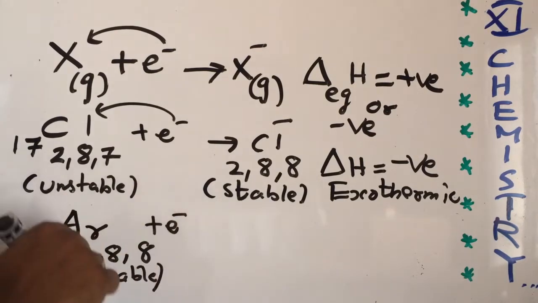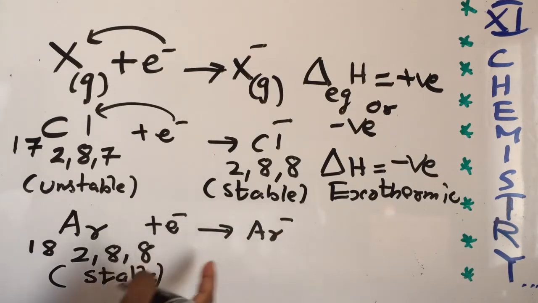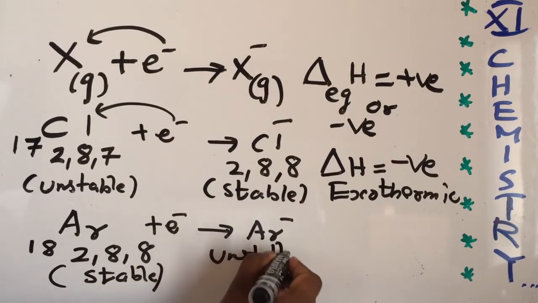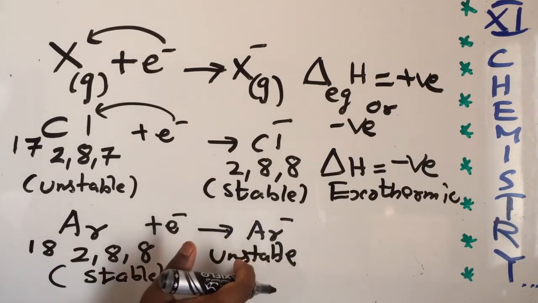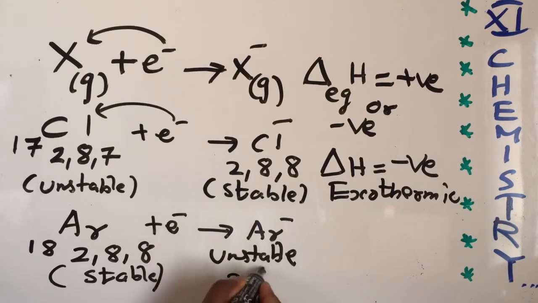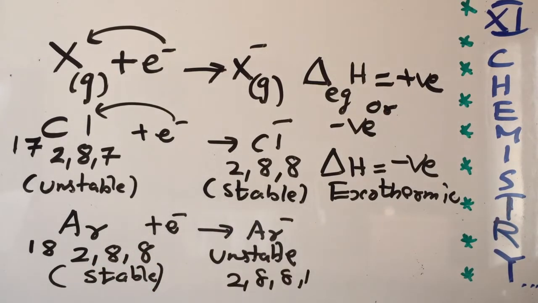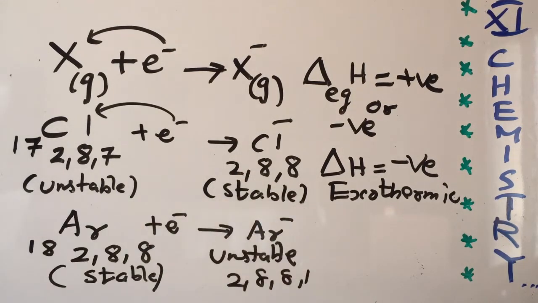When an electron is added, argon will change to Ar minus, but Ar minus is unstable, because it is 2, 8, 8, 1. So due to 1 extra electron, Ar minus is unstable. So here energy will not be released, so delta H is not negative here.